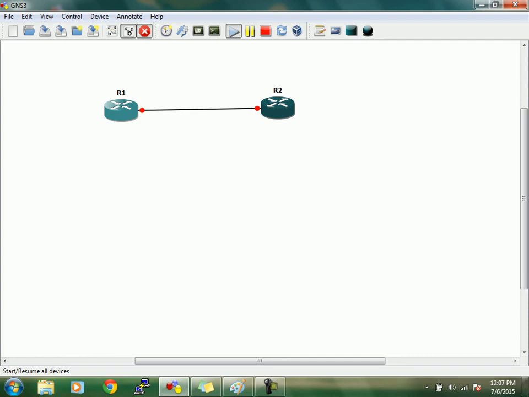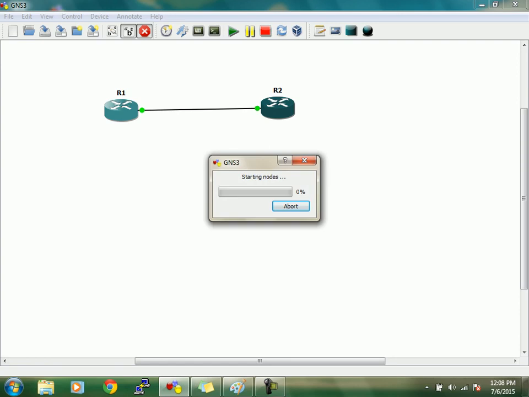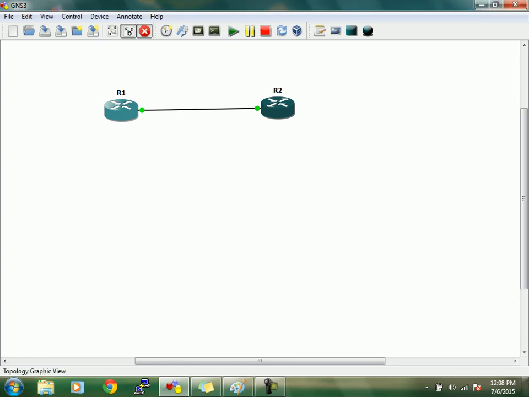I think you are very much clear with the addressing scheme I am using, so there is no need to write every time which network I am using. Fine.